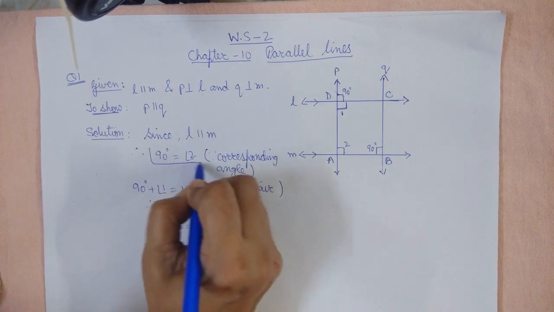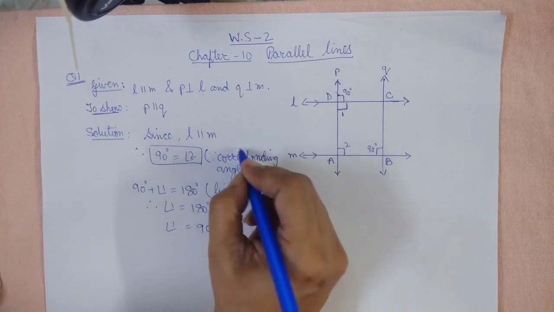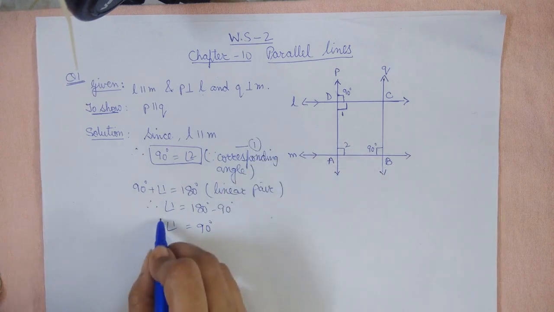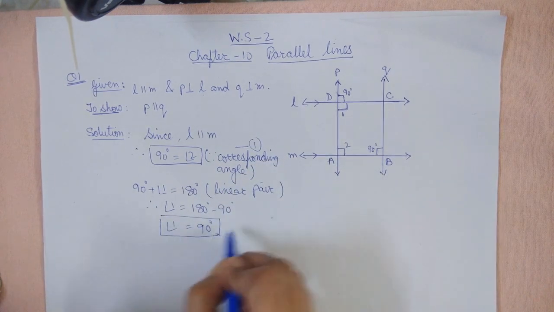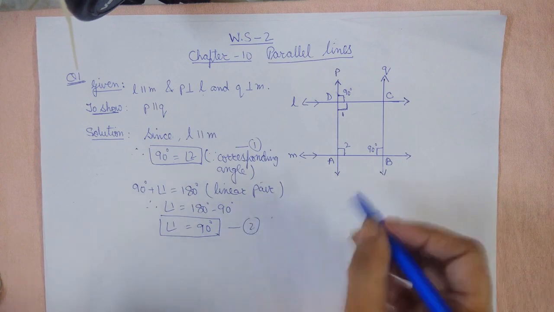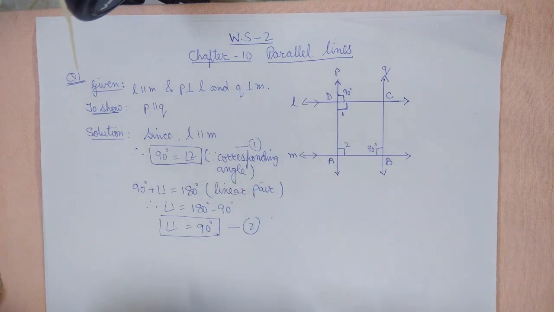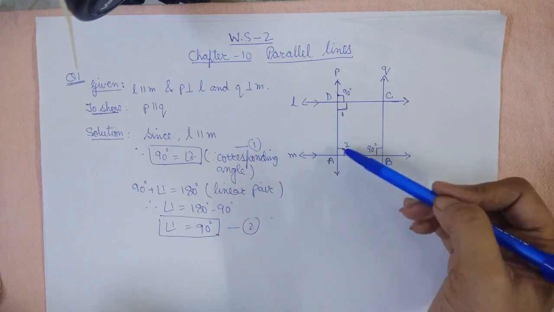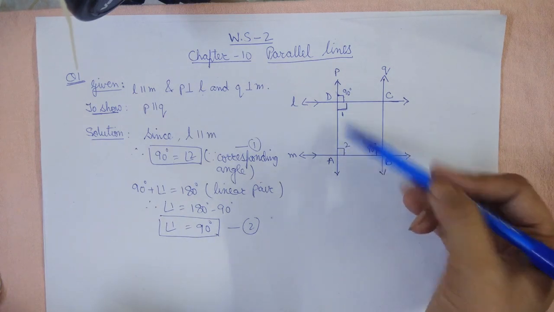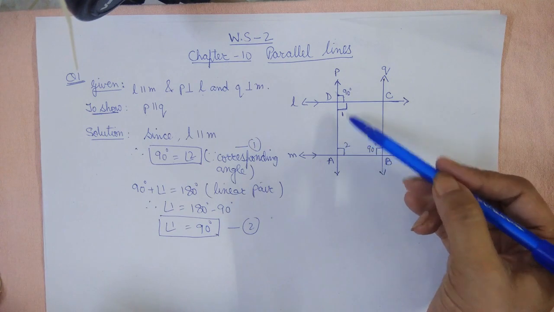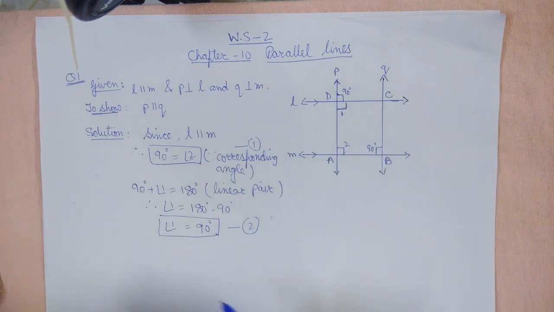Look here. Let this be first and this be second. From first and second, what do you observe? That both of them are equal.